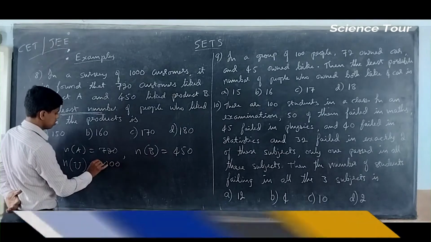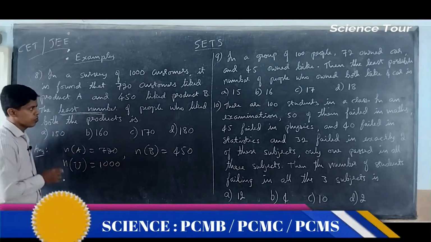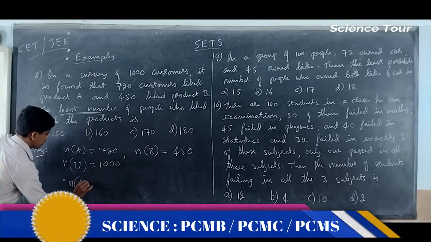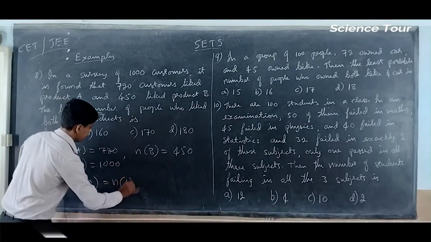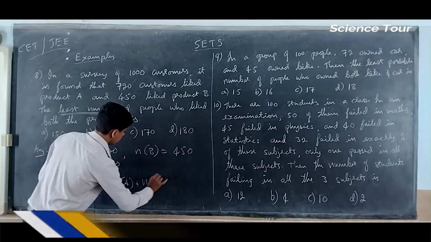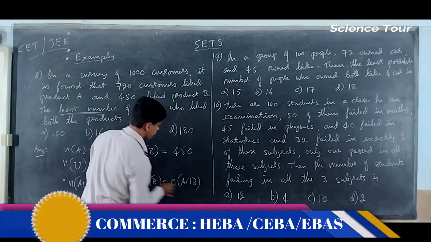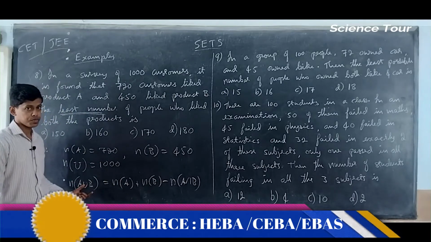So out of 1000 you are making a survey. Well, now you have a formula for N of A union B, is it not? So that is N of A plus N of B minus N of A intersection B. Now you do not know the value of A union B, correct?